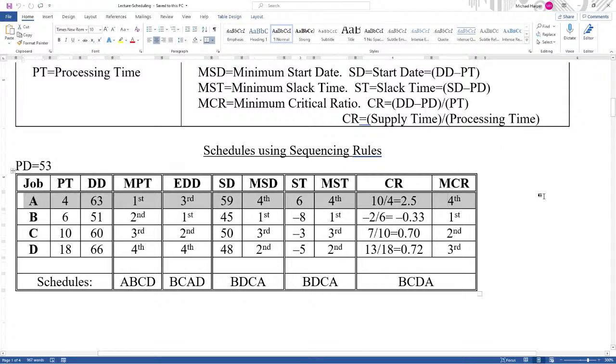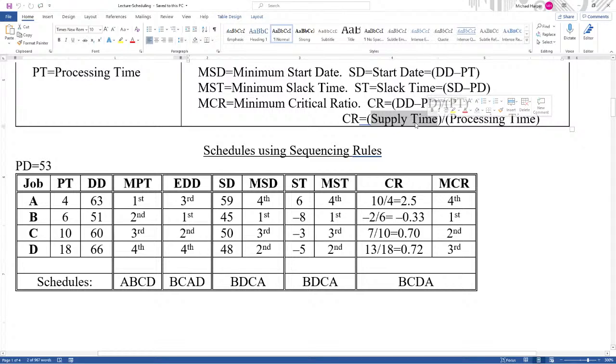Well, let's interpret the critical ratio. The numerator is called the supply time, because the due date is when it's due and the present date is the present date. So between today, the present date, and the due date in the future, that difference is the time supplied to do the job.